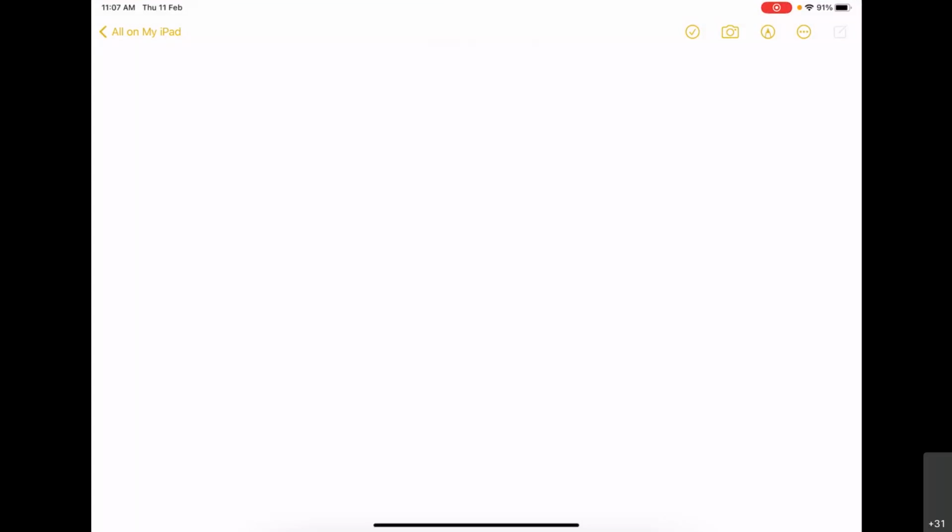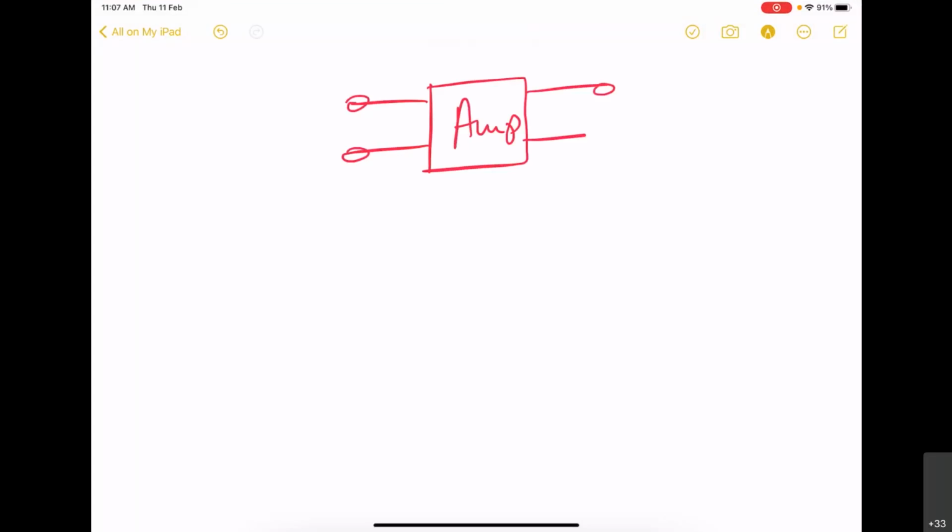So first, about the frequency response. Here we have our amplifier, and this is our input port, this is our output port.